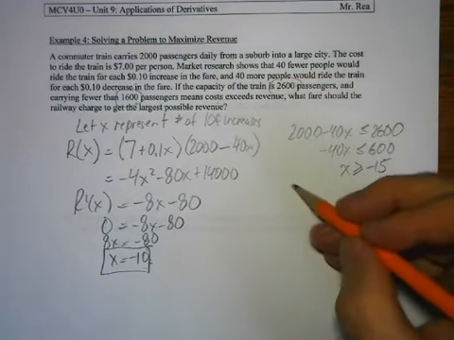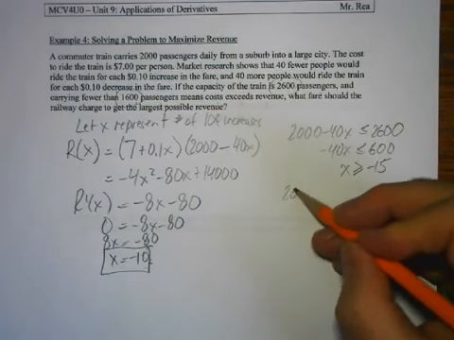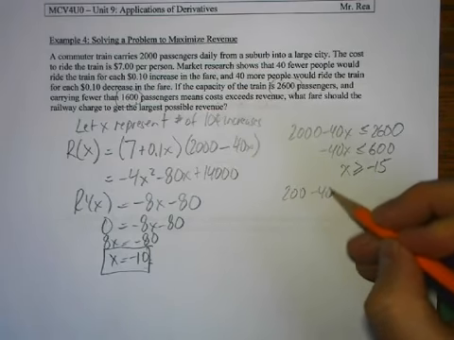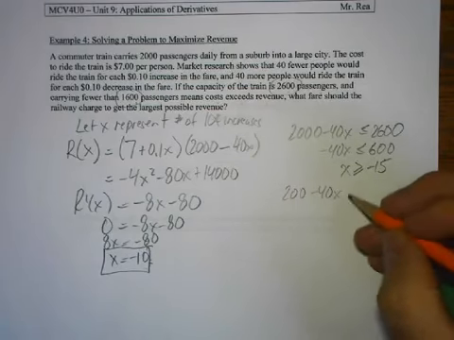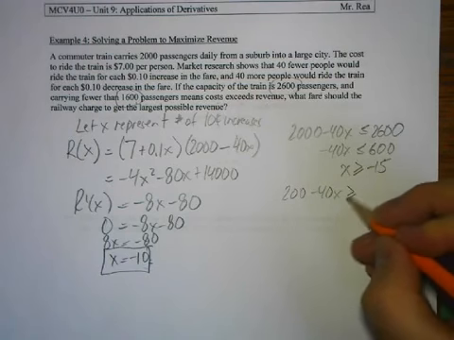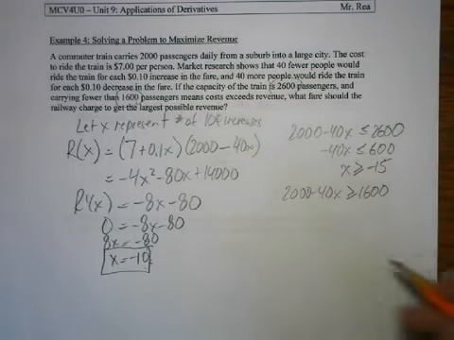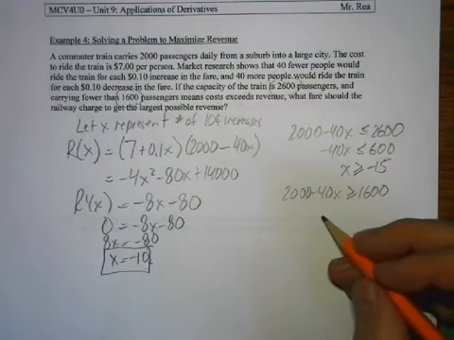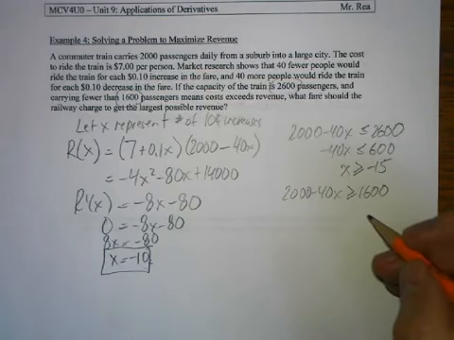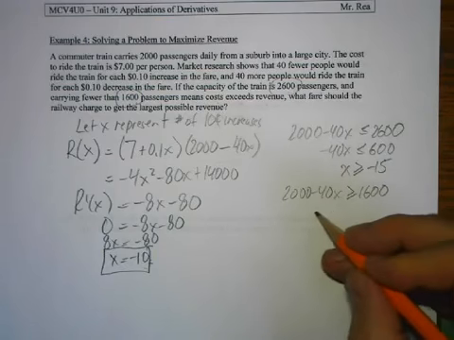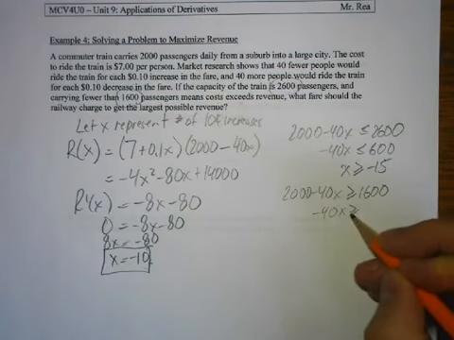And then the second condition starts off the same way. This is the number of passengers. That has to be greater than 1,600 this time. So that's a 2,000. Subtract 2,000 from both sides. We get negative 40X greater than or equal to negative 400.